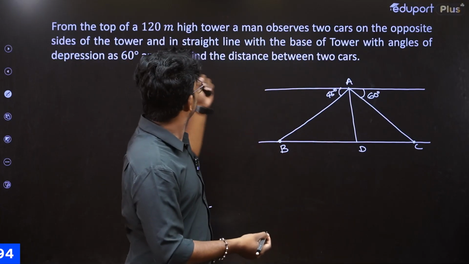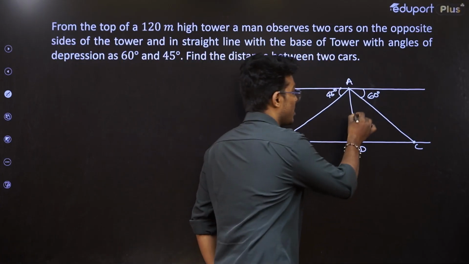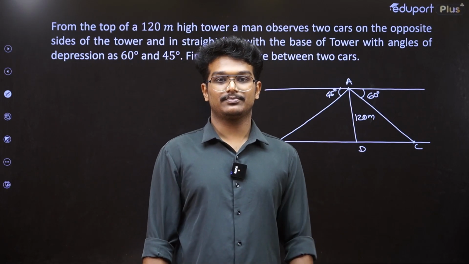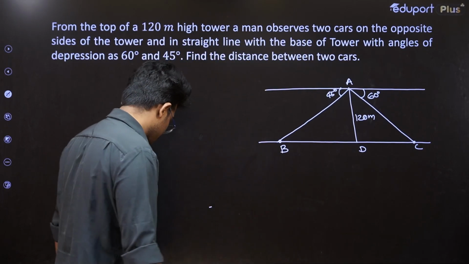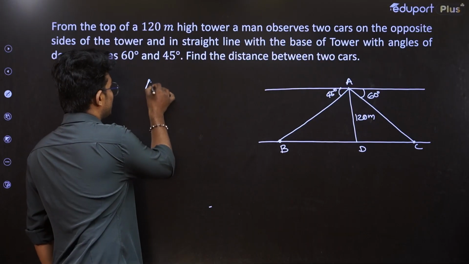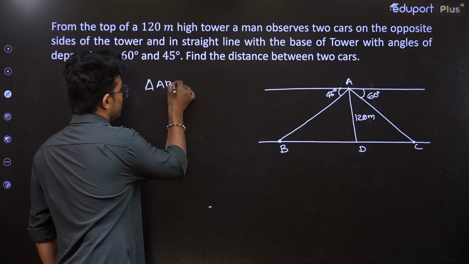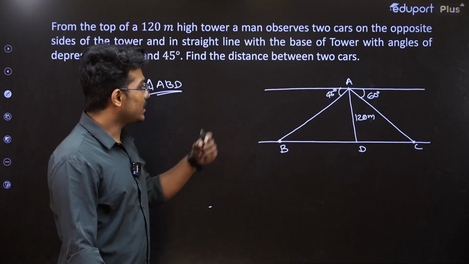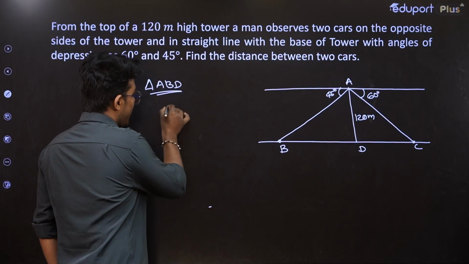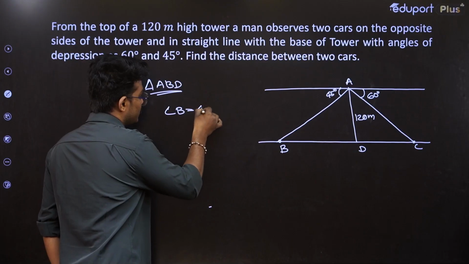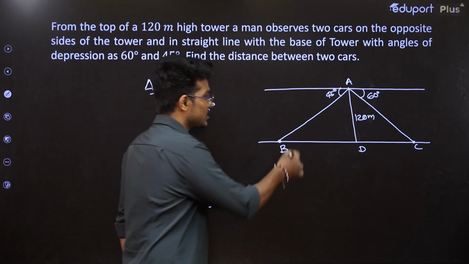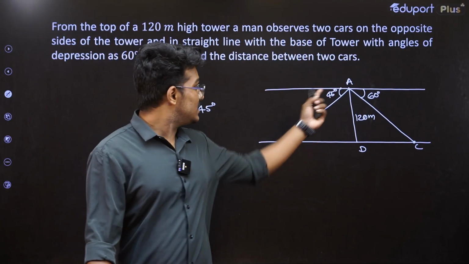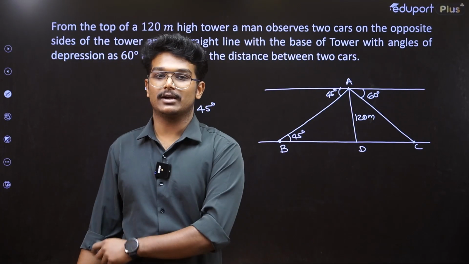We already know that the height of the tower is 120 meter. Now I am considering the triangle ABD. In triangle ABD, angle B is equal to 45 degree. What is the reason? Because these angles are alternate angles.